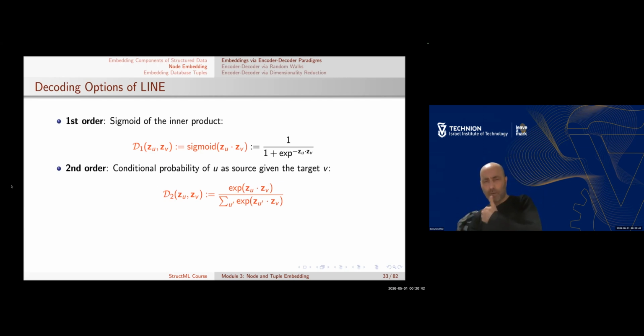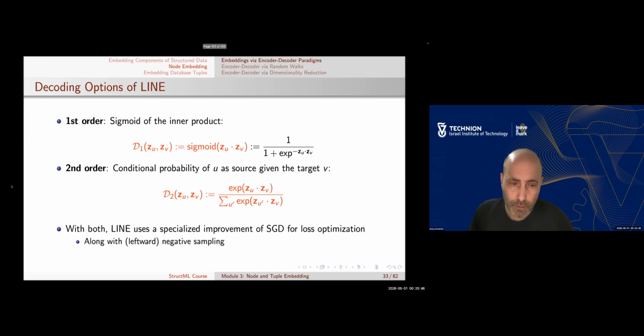So how do they use that? How do they normalize this decoder? Well, basically with negative sampling. They also propose some improvement of stochastic gradient descent for their loss optimization.